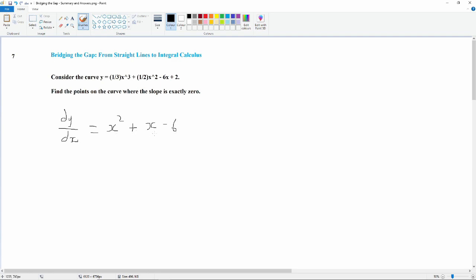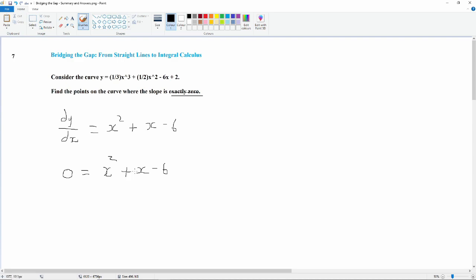So x squared plus x minus 6. Now, we want the points on the curve where the slope is exactly 0. It's exactly 0 when dy by dx equals 0, because dy by dx is the slope of the curve. So 0 equals x squared plus x minus 6.